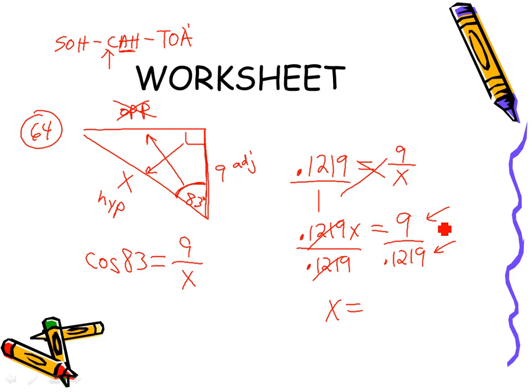So this 9 is going to get bigger. Usually when you're dividing, your number gets smaller. When you divide here, it's going to get bigger. I came up with something like x is about, they said round it to the nearest hundredth, so x is about 73.83.